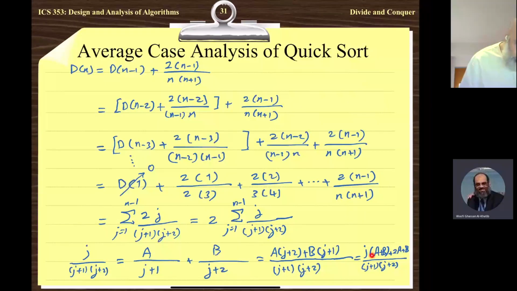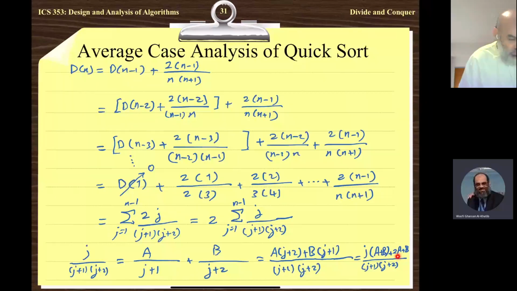Now this numerator, j times a plus b plus 2a plus b, is equal to j. The coefficient of j here is 1, and the coefficient of j here is a plus b, so a plus b should be equal to 1. The constant here is 0, and the constant here is 2a plus b, so 2a plus b is equal to 0.